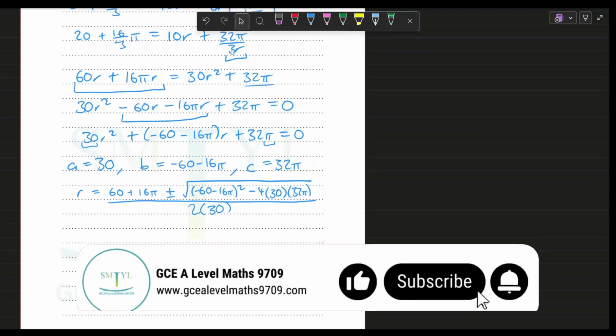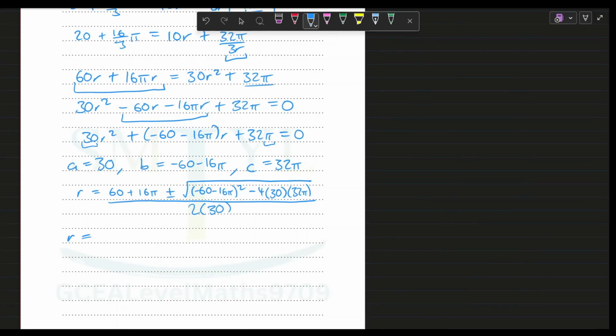Alright, so you get r is equal to, let's punch this into the calculator. I'll start with the negative one. So 60 plus 16 pi minus the square root of negative 60, negative 16 pi squared minus 4 times 30 times 32 pi, and this is over 2 times 30.